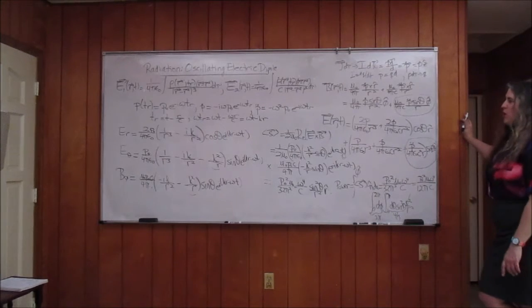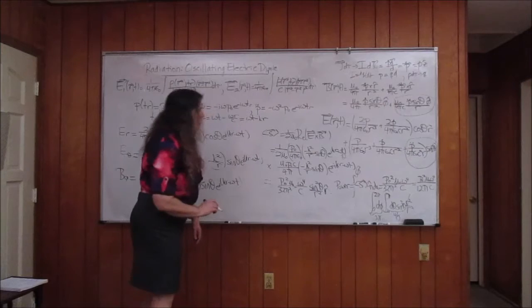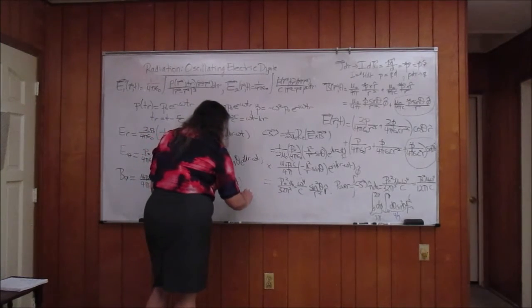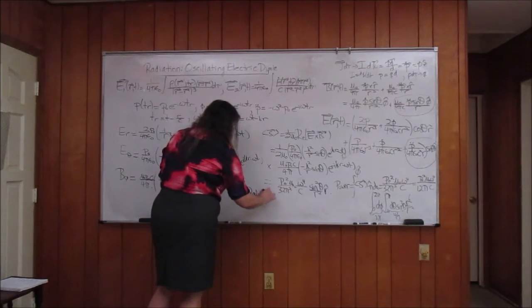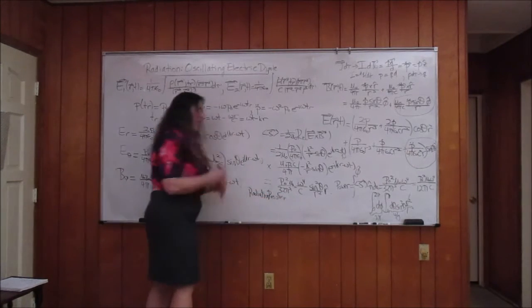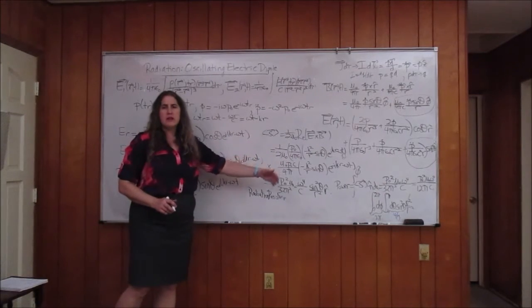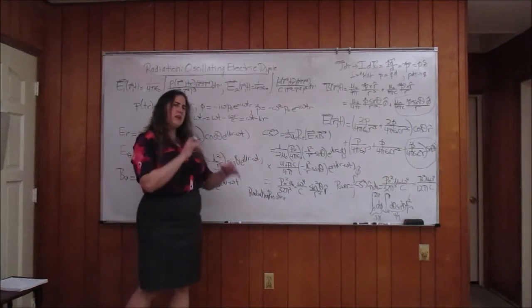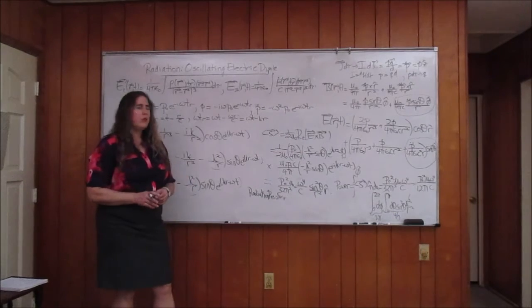Now there's one final quantity to calculate, but I'm actually running out of room on the board, so I'll leave it for you to go ahead and handle that. There's such a quantity, it's called the radiation resistance. And how that term arises is because in order for this dipole to keep oscillating and keep radiating, it has to be supplied with some power. So you want to draw an analogy between that system and a current flowing through a resistor.